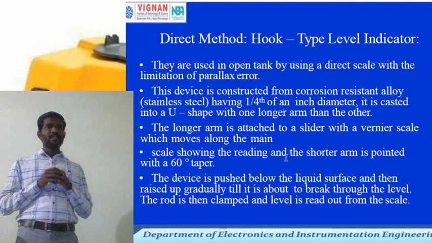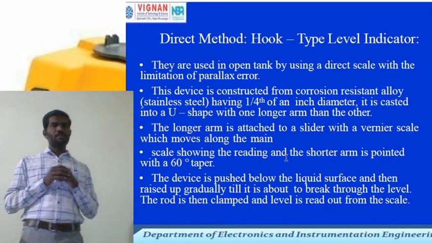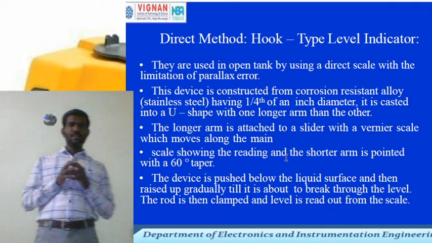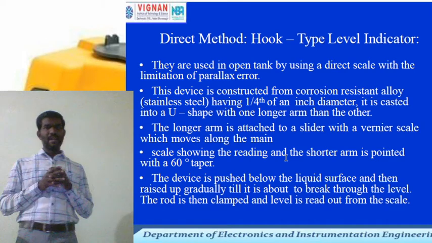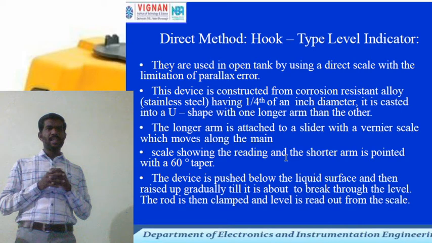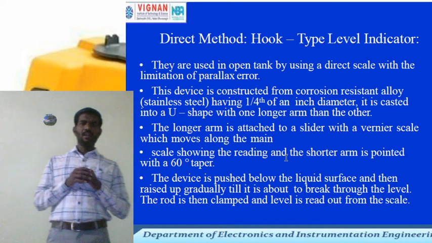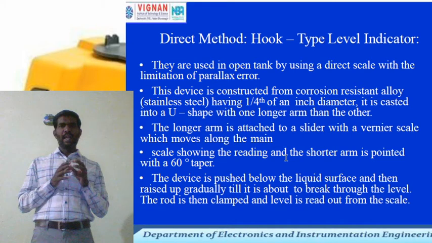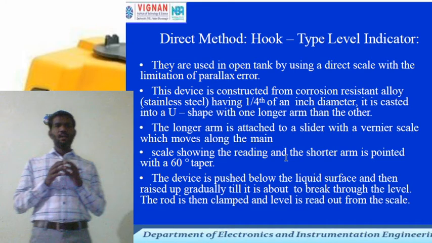It is constructed in a U shape with one arm longer than the other. The long arm is attached to a slider with a vernier scale, which moves along the main scale showing the reading, and the short arm is pointed with a 60 degree taper.